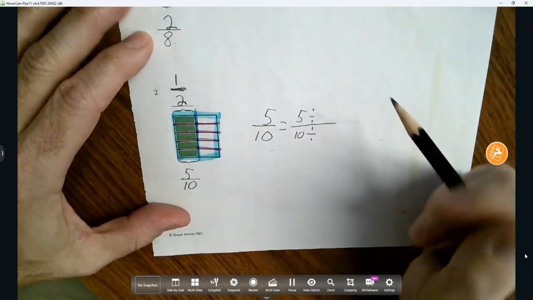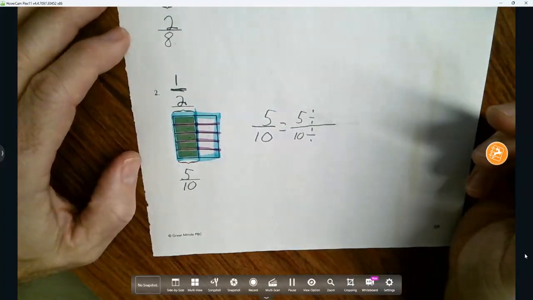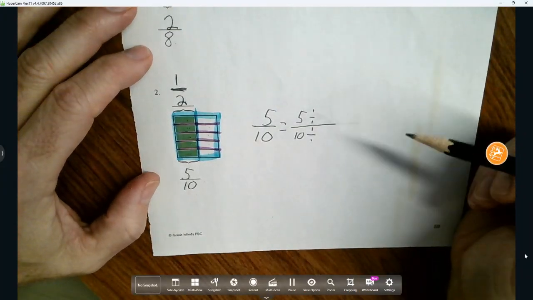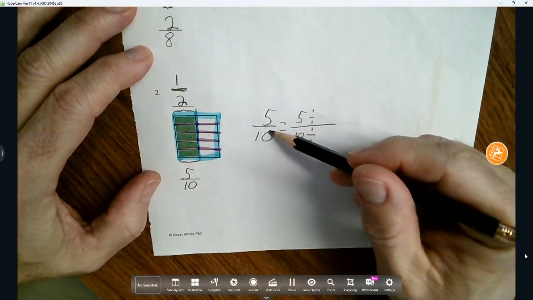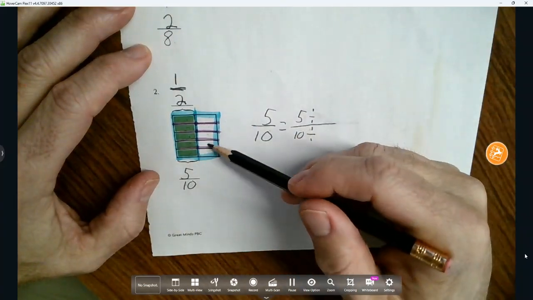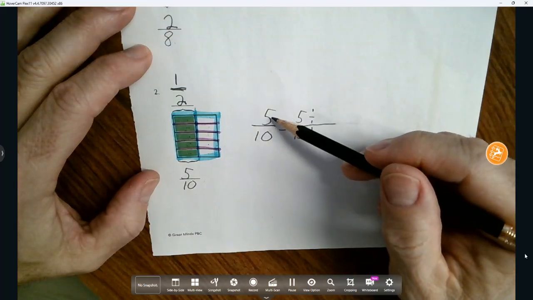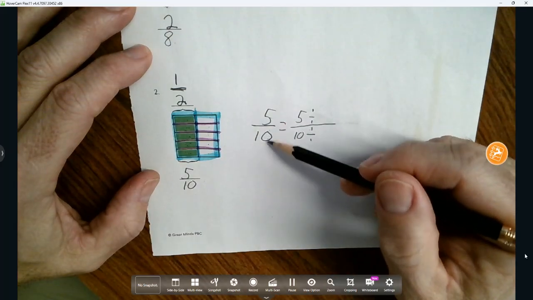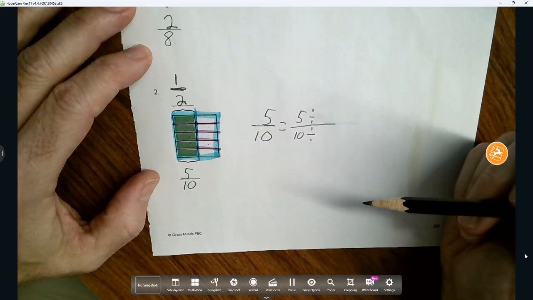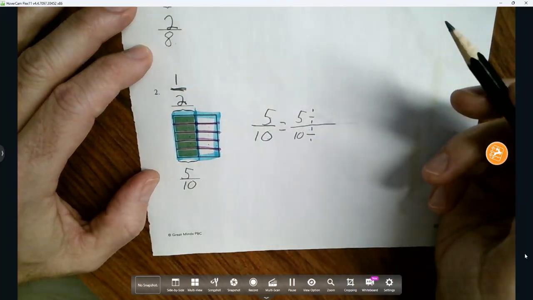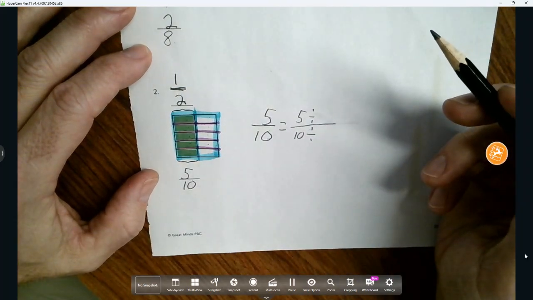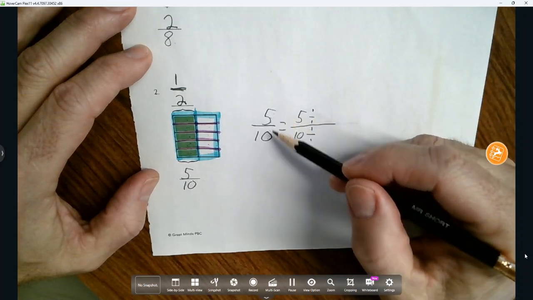Okay. So if we look and we see the 2 sections, we also want to look and see how these work with each other. 5 and 10, do they work together much? Can this go into this?